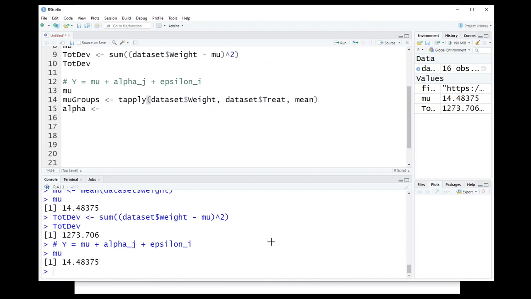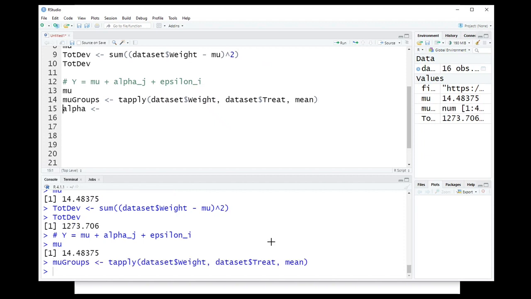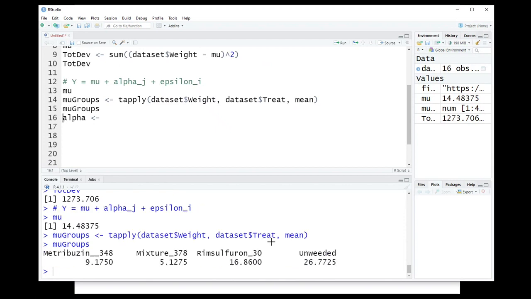Yeah, these are the means for the groups, for the herbicides. So you see, they totally correspond with the ones we saw before in the slide. So these are the means. Okay?